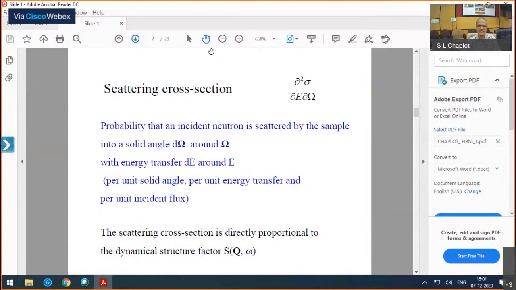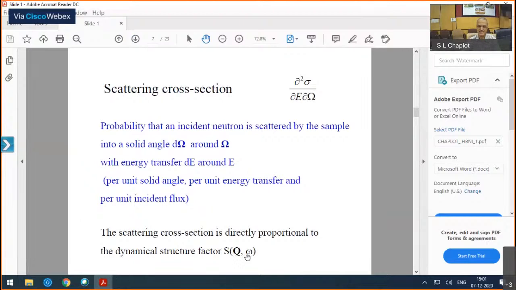The scattering cross-section now is a function of four variables: three variables of the solid angle in which the neutron is scattered, and the energy transfer. So this essentially gives the probability that an incident neutron is scattered by the sample into a solid angle d omega around omega, and with energy transfer dE around E. This scattering cross-section is directly proportional to what we call the dynamical structure factor.